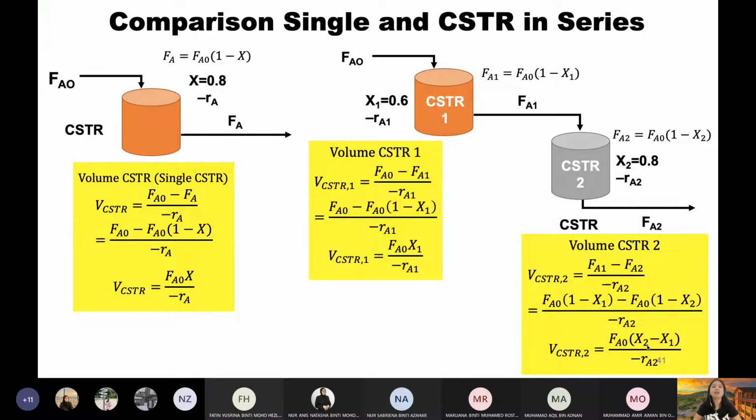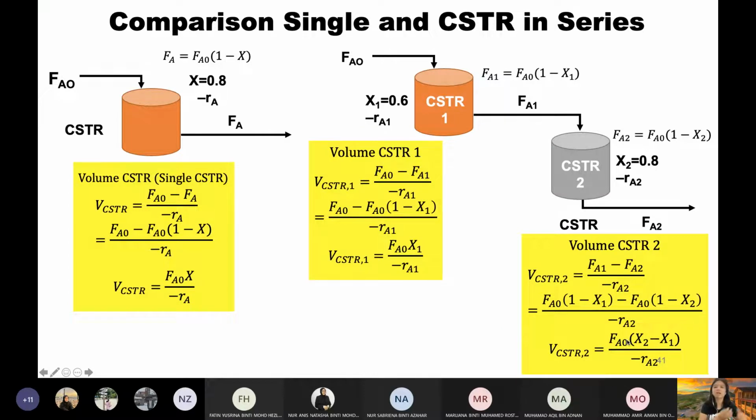Second thing, let's say sekarang kamu confused ataupun kamu terlupa X2 tolak X1 ke X1 tolak X2 ataupun kalau reaktor ketiga X3 minus X2 ke X2 minus X3. Always remember conversion will increase with reactor. Maksudnya katakanlah reaktor kedua ni X2 will always be bigger than X1 sebab conversion meningkat.